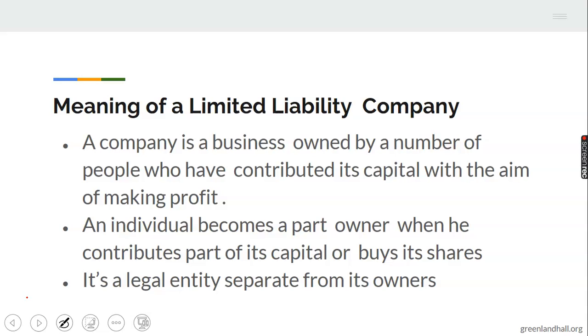So a group of individuals come together and then they contribute or provide the capital that is required to establish and to run this type of organization. So an individual becomes a part owner when he or she contributes part of the capital of the company, or buys its shares.